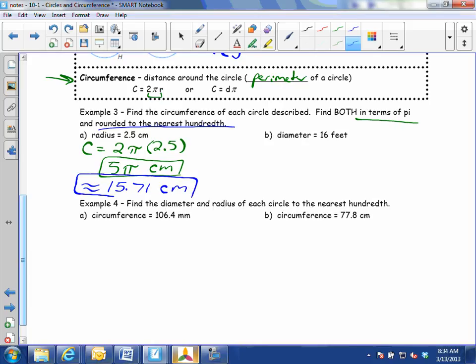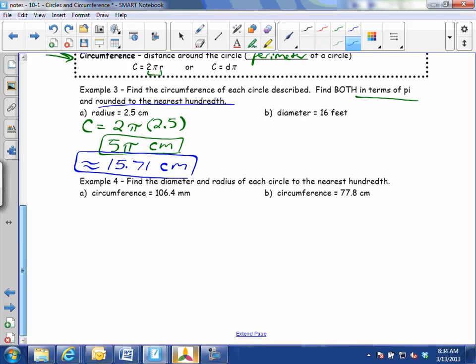Notice I put squiggly equals. We do have to use the actual pi button as well, because normally it's just 15.7. I would have taken either answer. The pi button is more accurate than 3.14. You could use 3.142, and that would get you closer, but the pi button will get you closer. I'll just use the pi button. If you want to do that, that's fine.